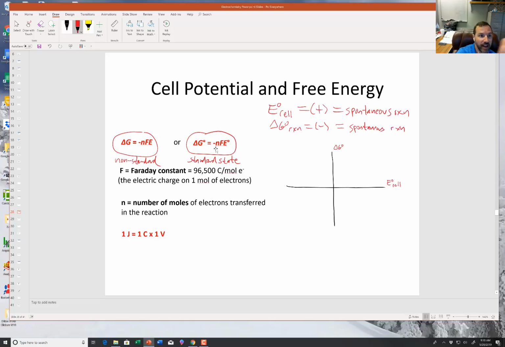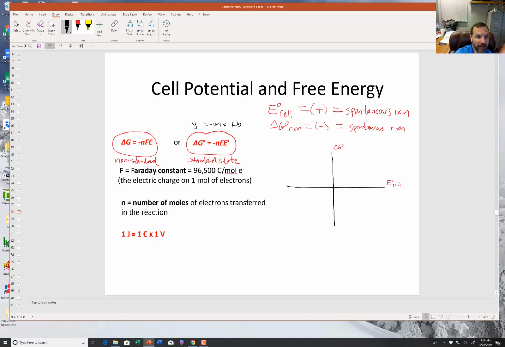So we could say that this equation has the form y equals mx plus b. Of course, we can see here that our y-intercept is 0 because there's no b term. And we know that if delta G is positive, E cell should be negative.